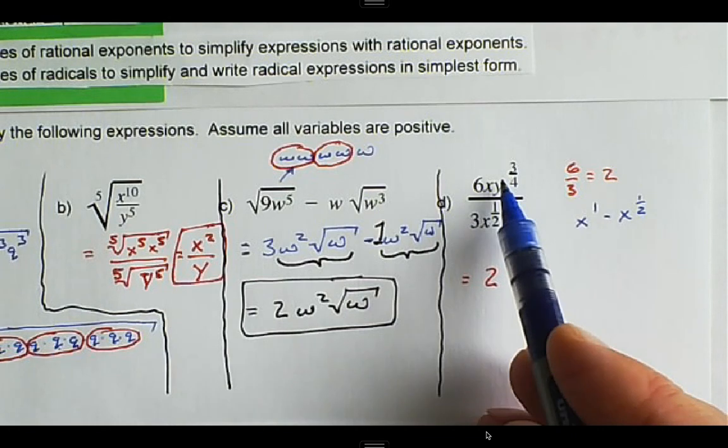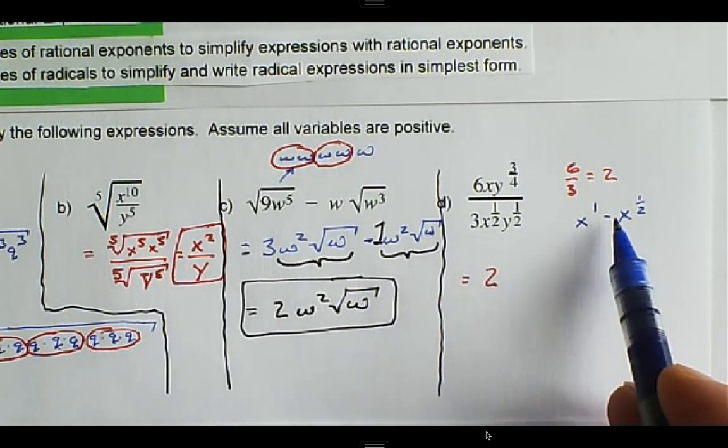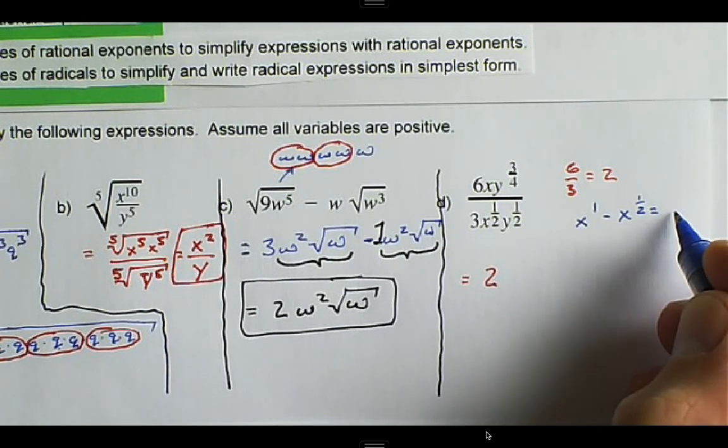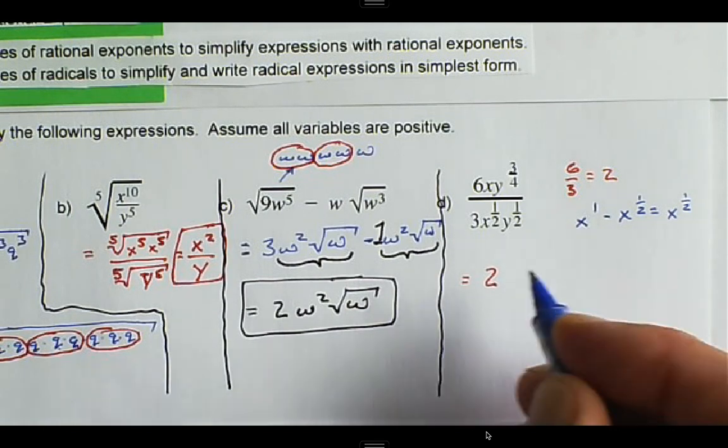We move it to the numerator as a negative, so we can subtract those two, and we get x to the 1/2. That's what we're left with.